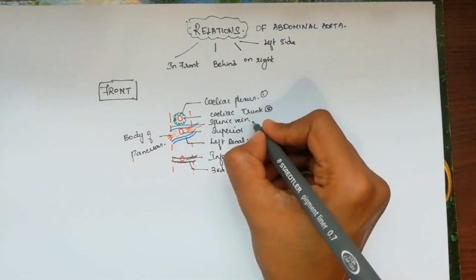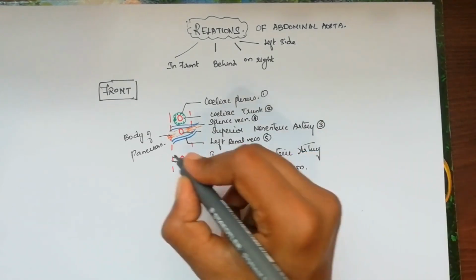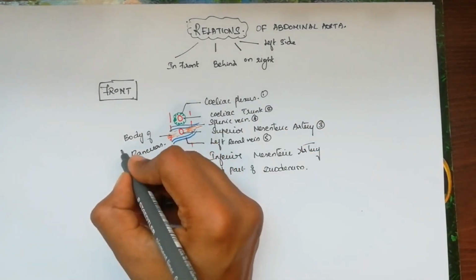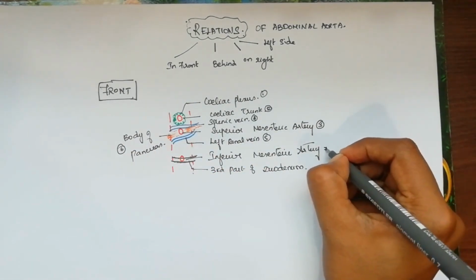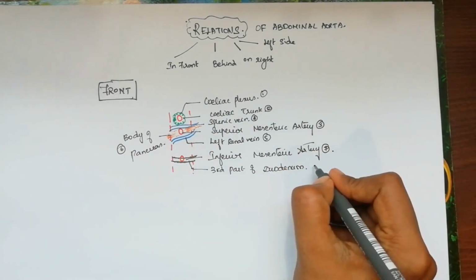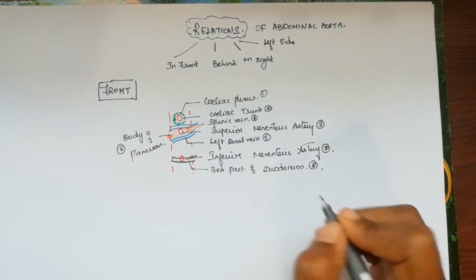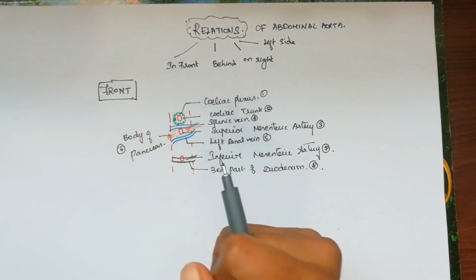Related to that, above we have the splenic vein, below we have the left renal vein, and above that we have the body of pancreas. Just below that we have the inferior mesenteric artery, which is again in front of and related to the third part of the duodenum. So altogether we have 8 structures related in front of the abdominal aorta.